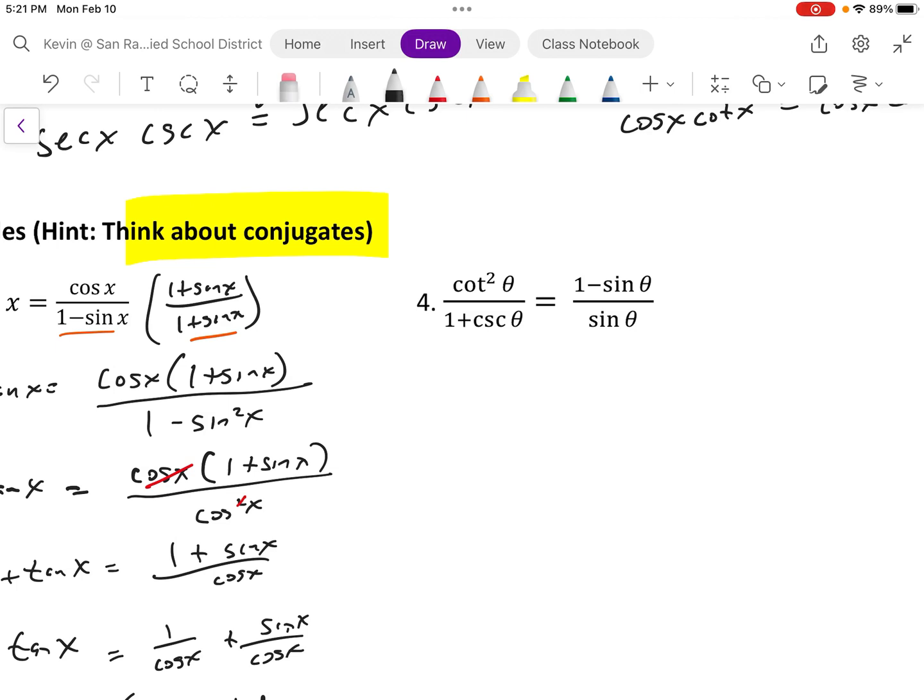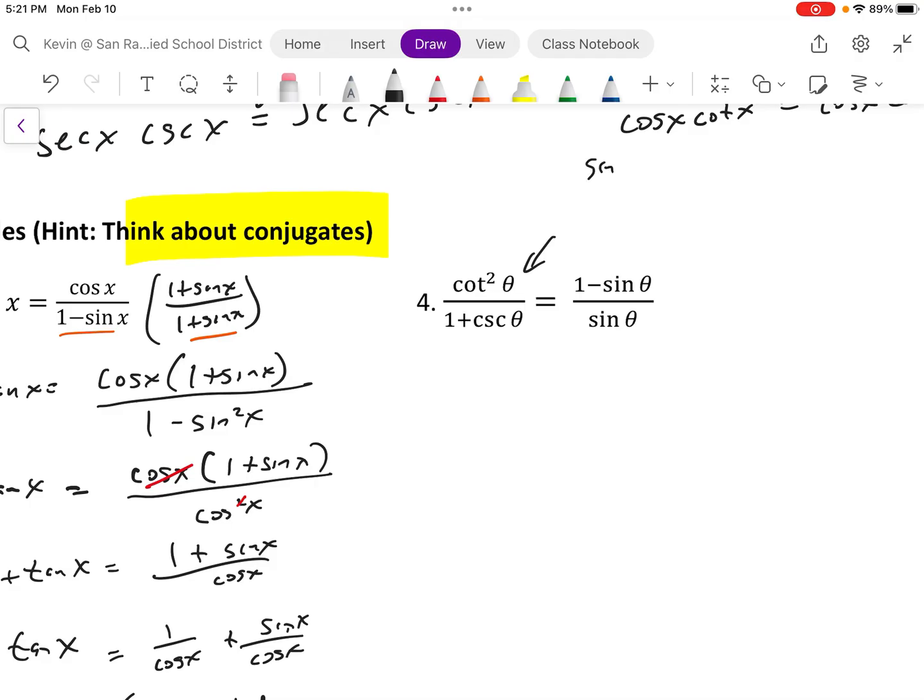So instead of thinking about conjugates, let's think about cotangent squared x.